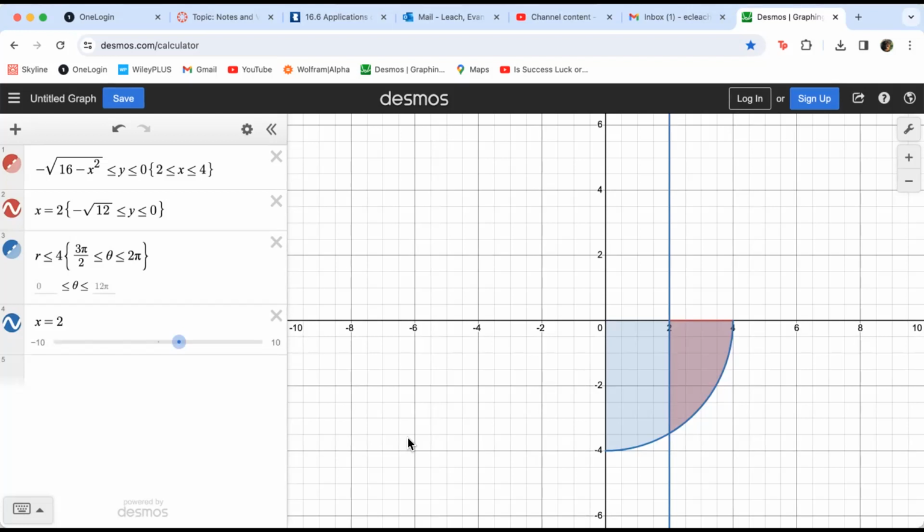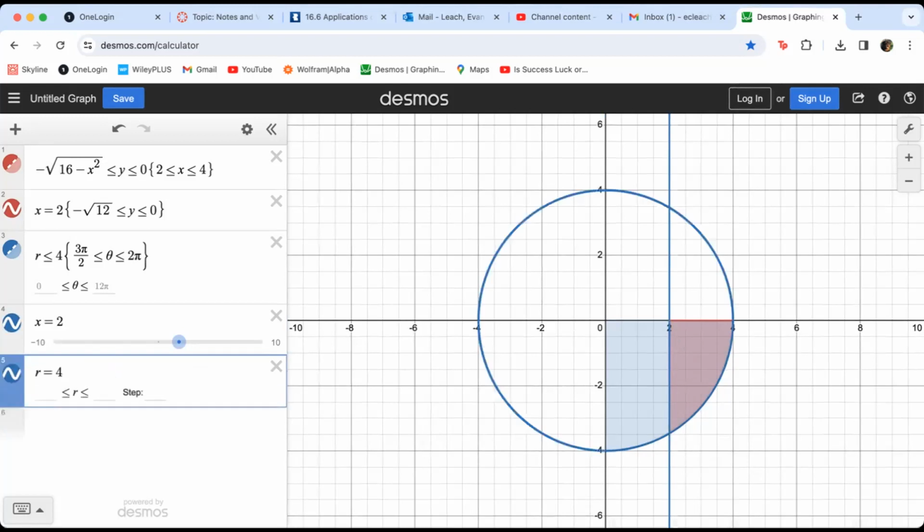Theta starts off at whatever this angle is and goes up to 2 pi. So I might want to do something like r equals, but if I just do r equals 4, and then I restrict theta, I'm just going to put this in and adjust it.